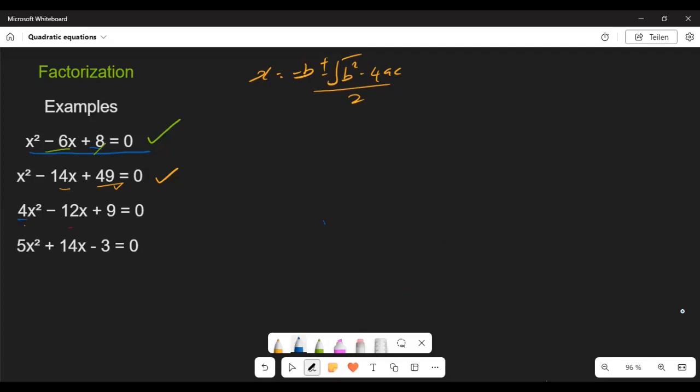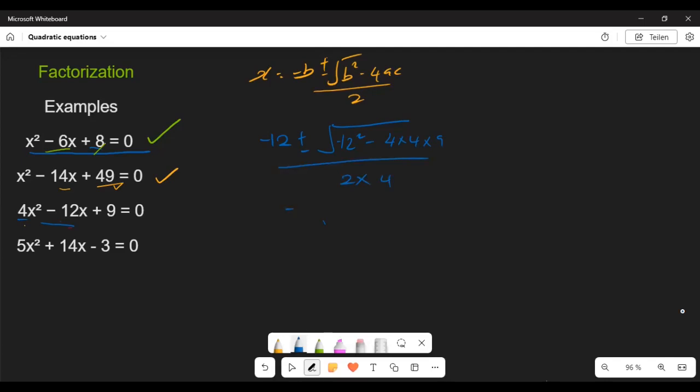So if we take these two numbers, we have our B, which is minus 12, plus minus the square root of minus 12 squared, minus 4 times A, which is 4, times C, which is 9, over 2A, which is 2 times 4.